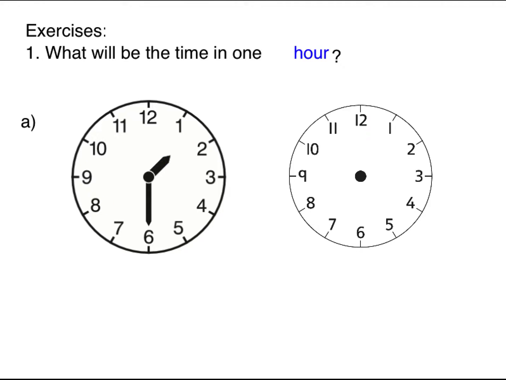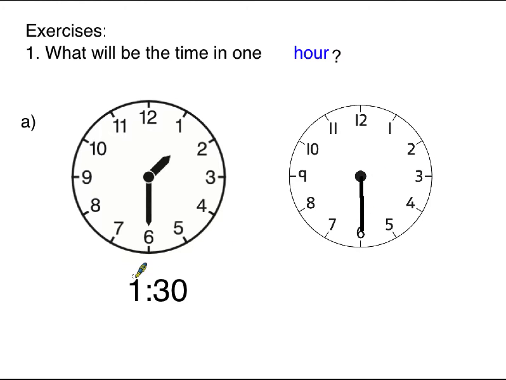Here we have, it might be easier for you to actually do the time, because it's really easy to see what 1 hour later is. So this is halfway past the 1, 1:30. And if we're going to go 1 hour later, the minute hand is still going to be at the 6.